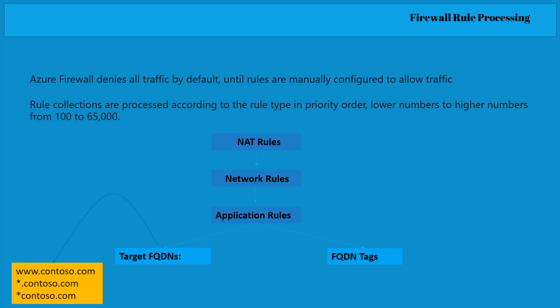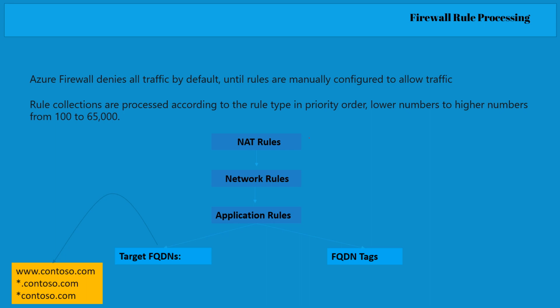Another thing, which is very, very important, you need to keep in mind how these firewall rules are processed. Azure Firewall denies all the traffic by default until rules are manually configured to allow traffic, and that is what we have seen while discussing the firewall architecture. Rule collections are processed according to the rule type in priority order, lower numbers to higher numbers, from 100 to 65,000.